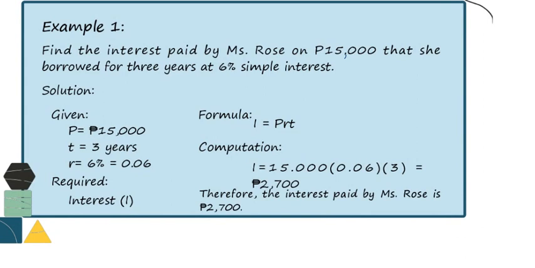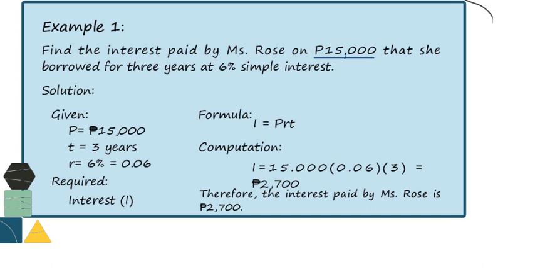Okay, so if we are going to do that process, we are going to identify first the given. So ano yung pinakaunang given sa problem? So we have here yung value na 15,000. So yung gagawin mo lang sa word problem is of course understand what is happening doon sa problem. As you can see, yung 15,000 is the money borrowed by Miss Rose, as said by the problem.